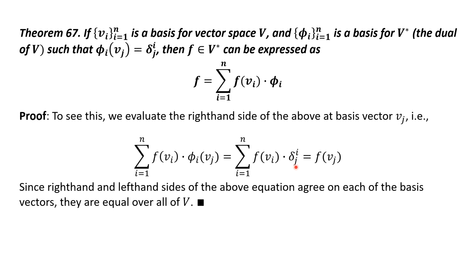And then you're going to get 0 other than the case where i equals j. So when i equals j, you get f of v sub j here. This is just 1 in that case. And so since the right-hand and left-hand sides of the above equation agree on each of the basis vectors, we just did it for any v sub j out of the set here, then they agree over all of V. So we've shown the result.